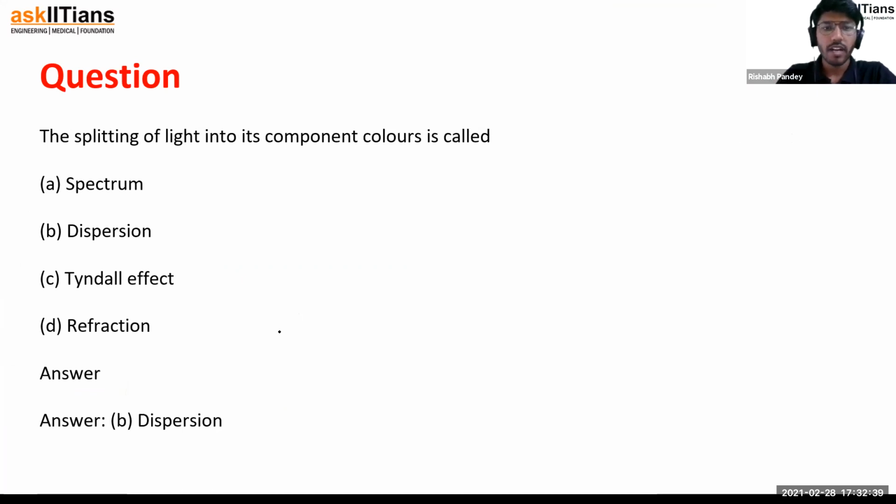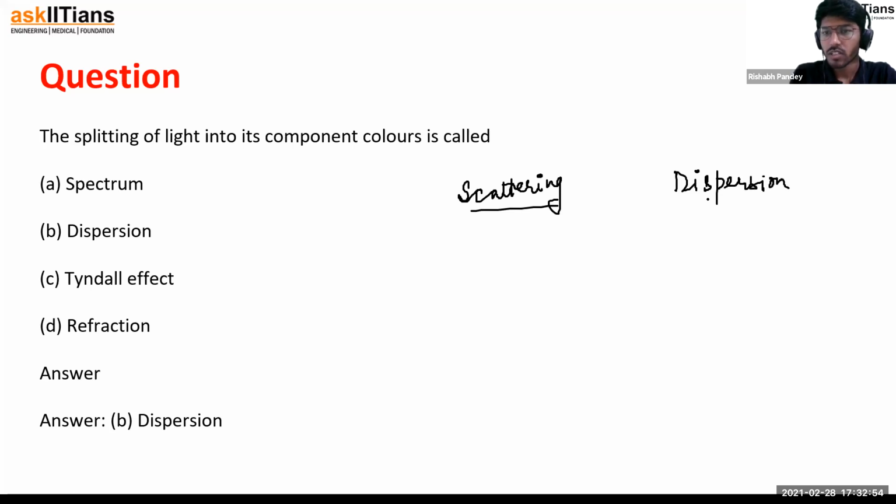The splitting of light into its component color is called as, see, there are two phenomena: scattering and dispersion. In the phenomenon of dispersion, this is basically performed by a prism, where a white light is basically deviated into 7 constituent colors.